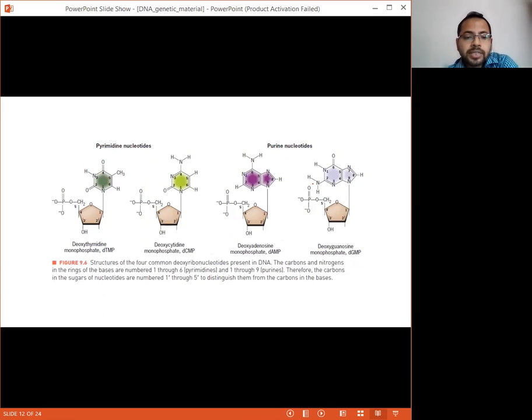So now you can understand how we can derive the ATP structure from adenosine monophosphate. If we add 2 more phosphates to it, it will become ATP. Okay.